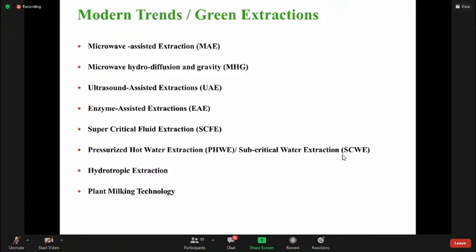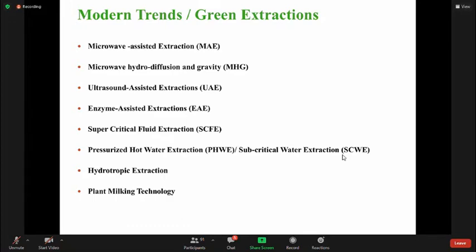Here you can see a list of some important emerging green extraction techniques, including microwave assisted extractions, microwave hydrodiffusion and gravity, ultrasound assisted extractions, enzyme assisted extractions, and supercritical fluid extraction. Another very important technique recently developed is pressurized hot water extraction, which is also known as subcritical water extraction.